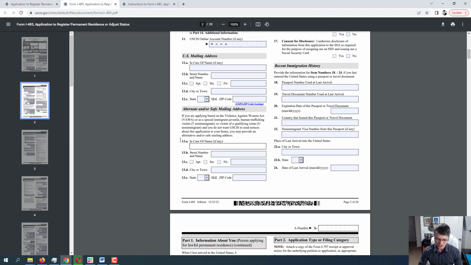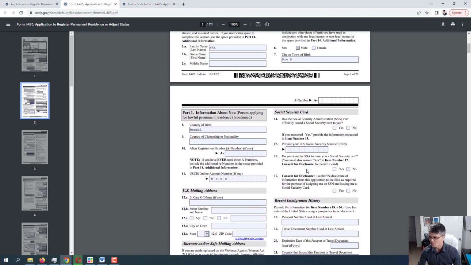Obviously, in those situations, you might have one mailing address, you might have another, because your life is, you know, hectic, it's all over the place. So you might have a different mailing address or a friend's mailing address. That's where you use it. If you don't have it, just put not applicable.